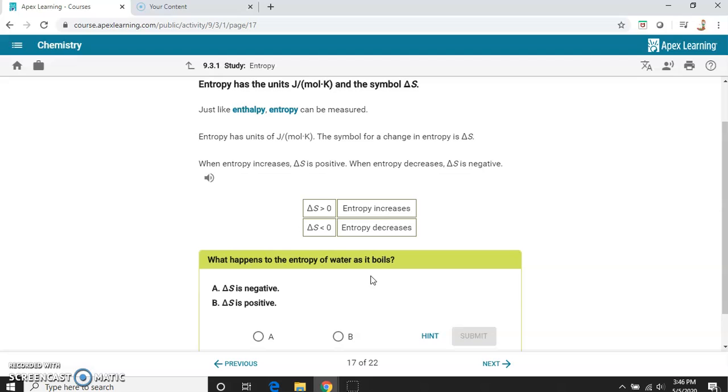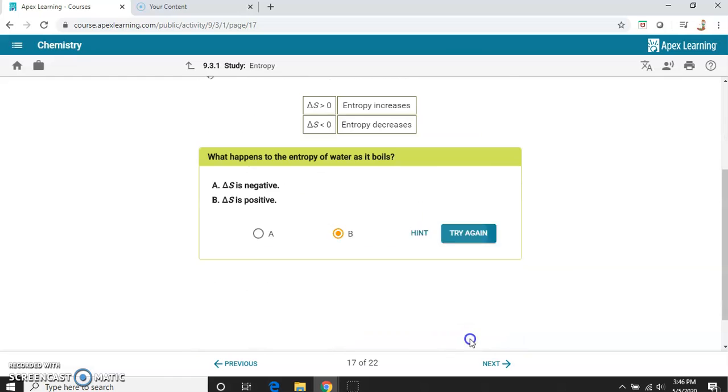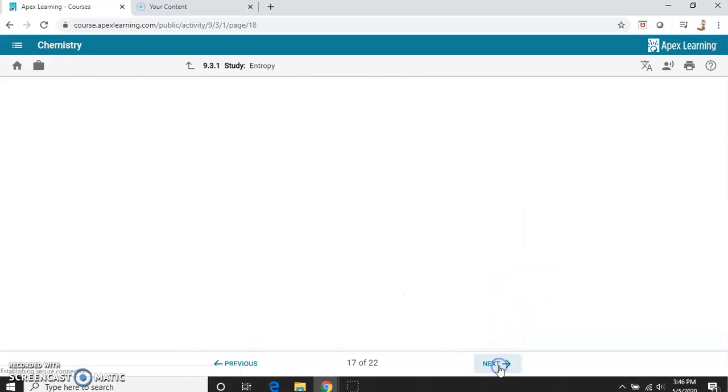As water is boiling, it's going to a gas, becoming more random, having more entropy. So what does that mean? Does it mean it's positive or negative? If greater than 0, we have a positive. It is that one.